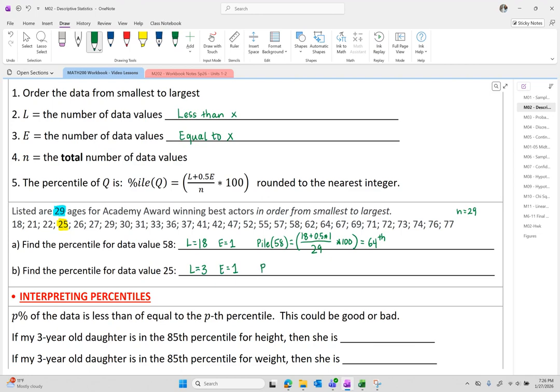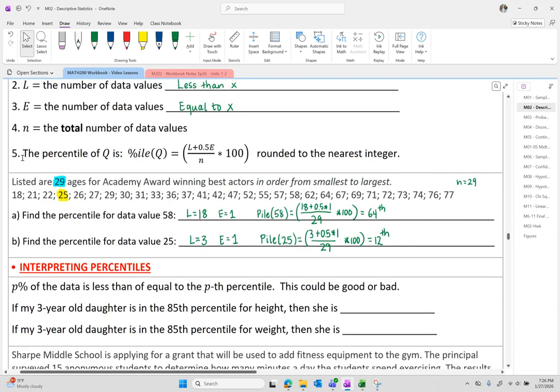The percentile of 25 will equal 3 plus 0.5 times 1 divided by 29 and times that by 100. And that comes out to be 12 if you round it to the nearest whole number. So it's the 12th percentile.